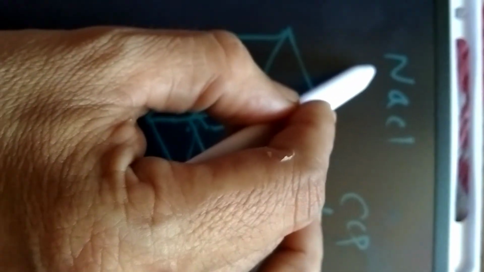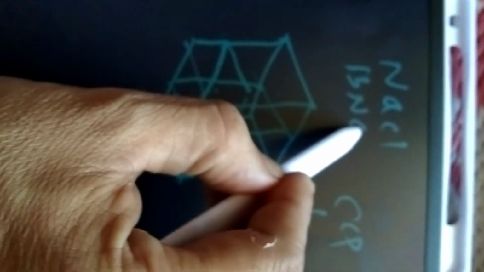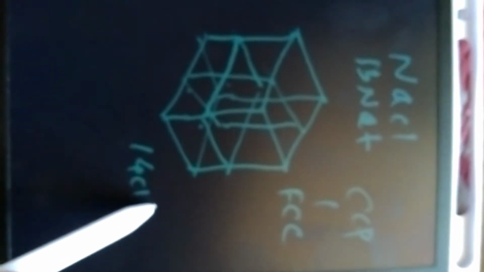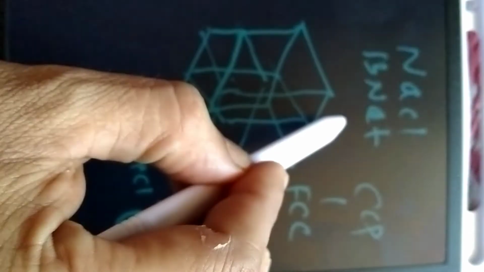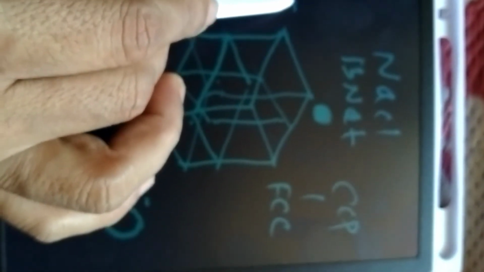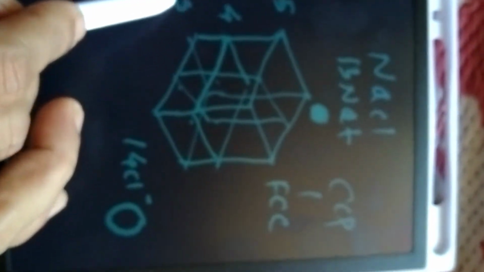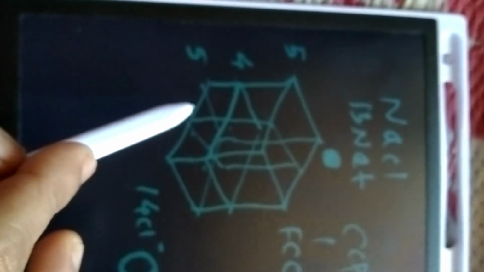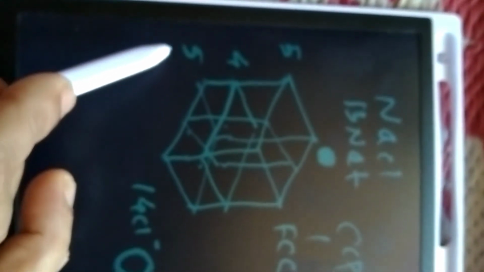How many ions are present per unit cell? 13 Na+ and 14 Cl- ions are present. If we represent the Cl- anions as bigger filled circles and the cations with the smaller size, then in this unit cell, 5, 4, 5 ions are present from top to bottom layers, meaning 14 Cl- ions.